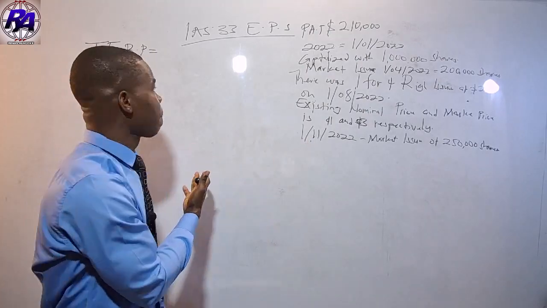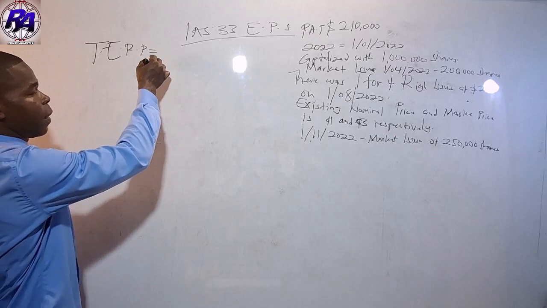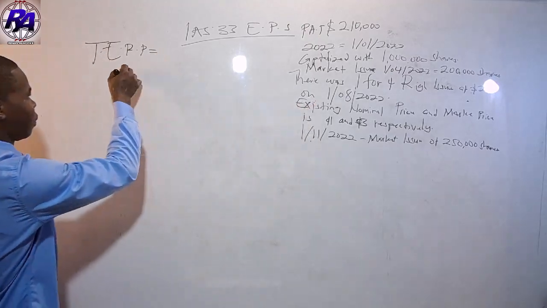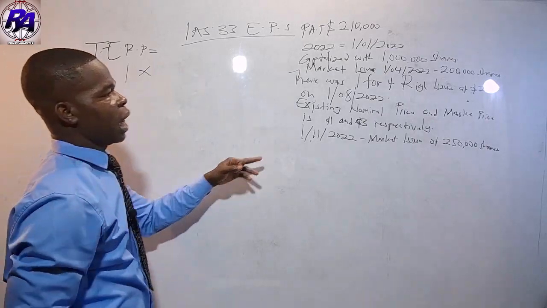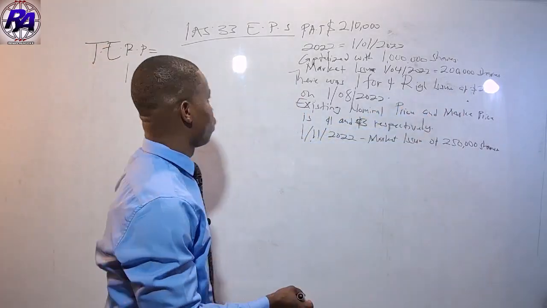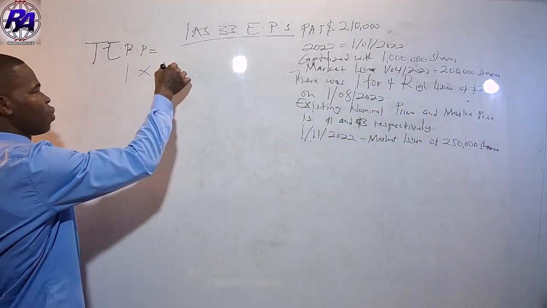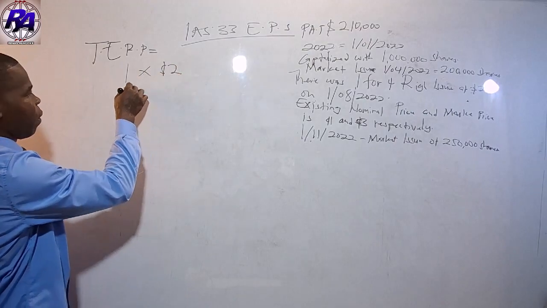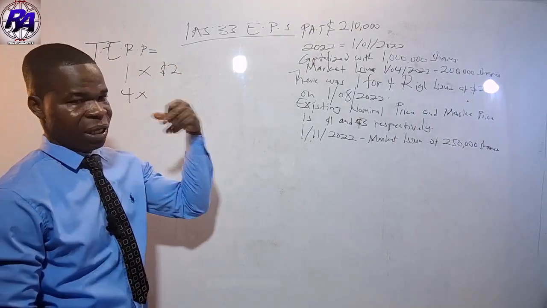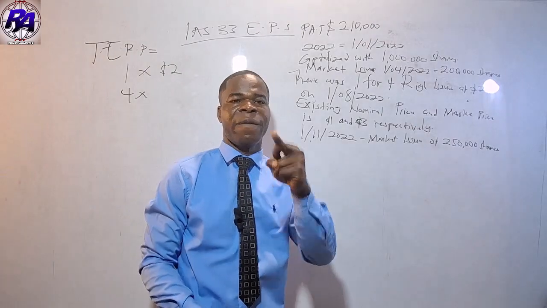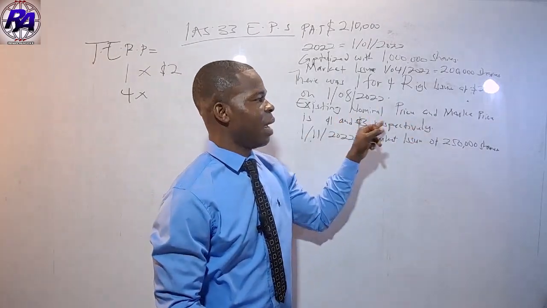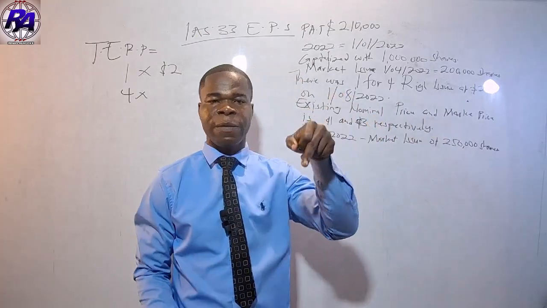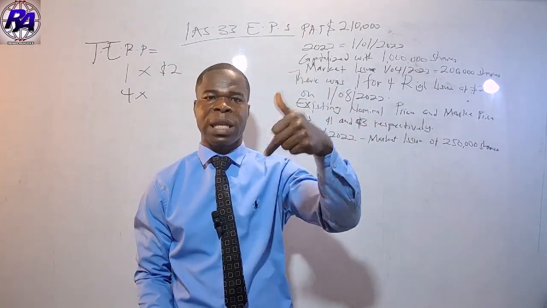This is the procedure. We take the 1 for 4. So 1 goes with the new shares, which is 2, so 1 multiplying 2. Then 4 will multiply the existing shares. For the existing shares, we take the fair value or the market value. Here we have a nominal price of 1 and a market price of 3, so we go for the market price, not the nominal.